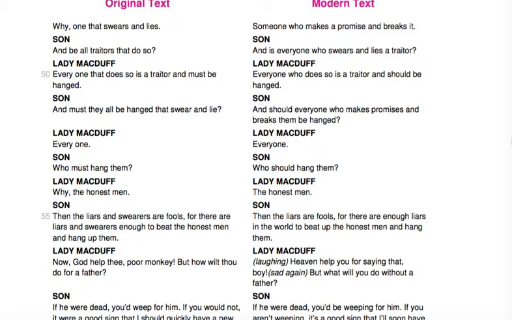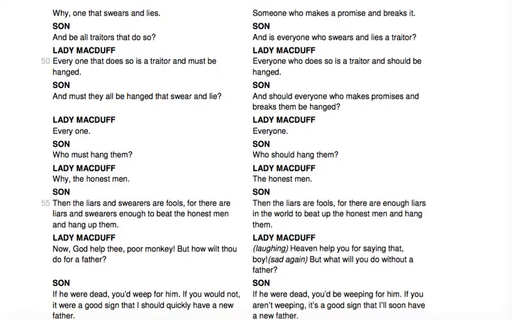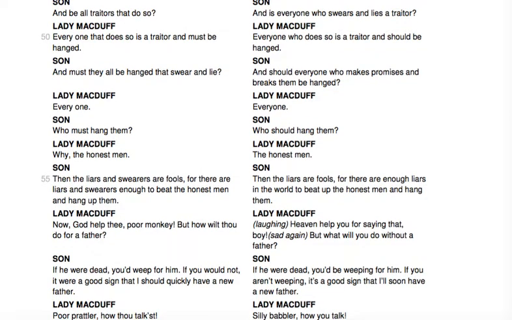The people that are honest are only a few, yet they have more power over those that swear and lie, over those that are dishonest. And from here, we're going to pick up on the comparison between Macbeth and Macduff. So let's listen a little bit more to the scene, and then we'll go into the class work that I have assigned for you today.